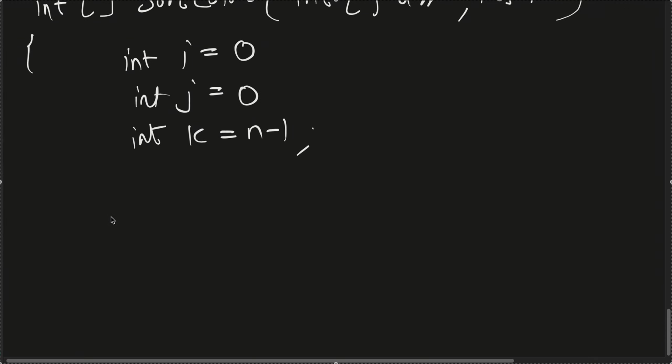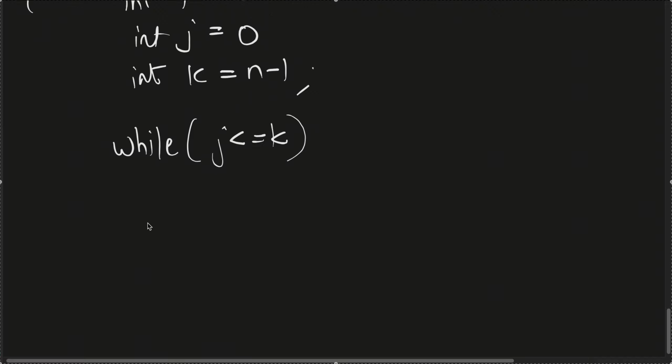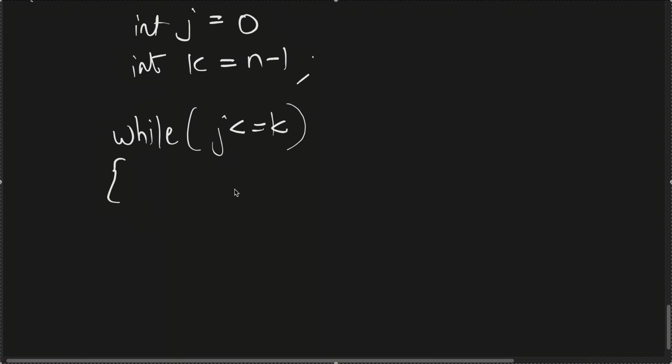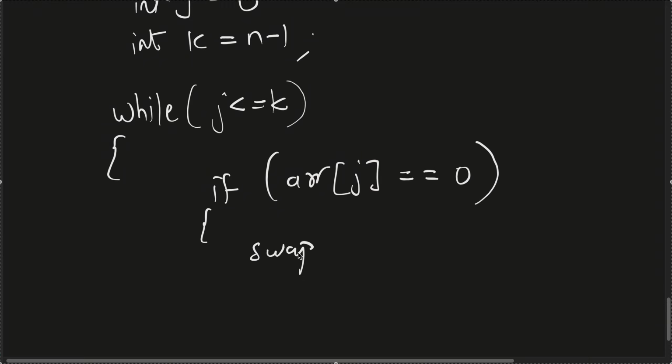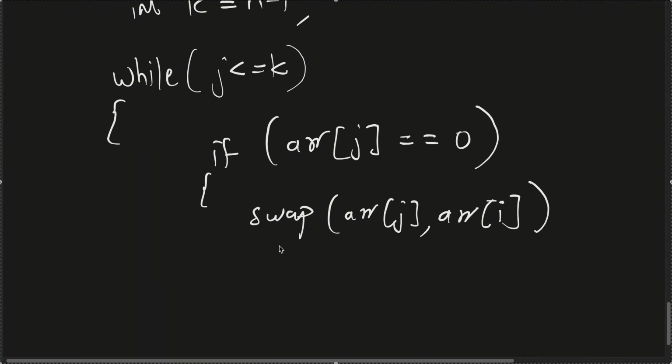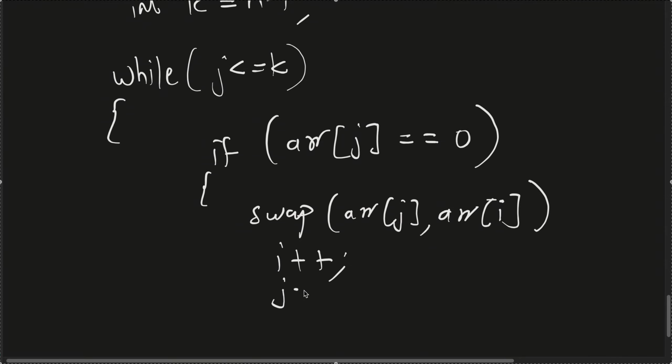Now when is the stopping condition? While j is less than or equal to k, we continue, otherwise we stop. And what are the three conditions that may arise? If array of j is equal to 0, then we will swap array of j and array of i, then increment i and increment j.